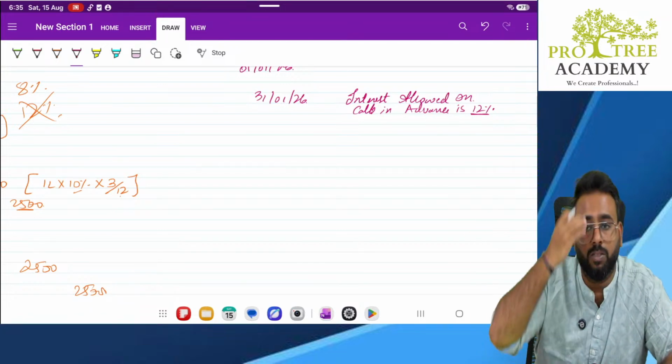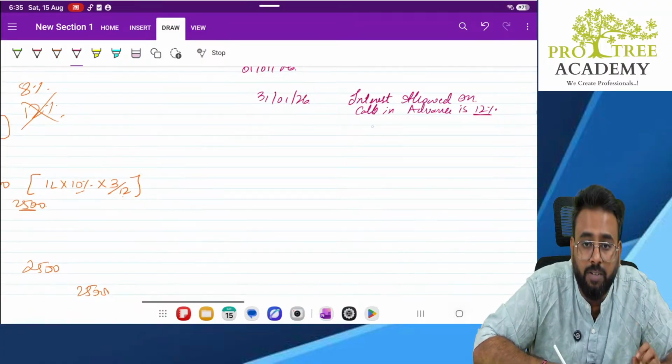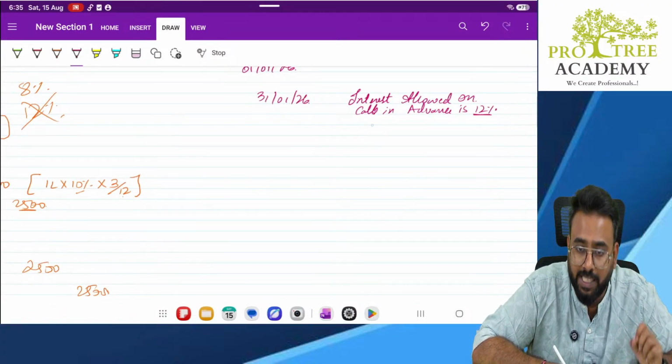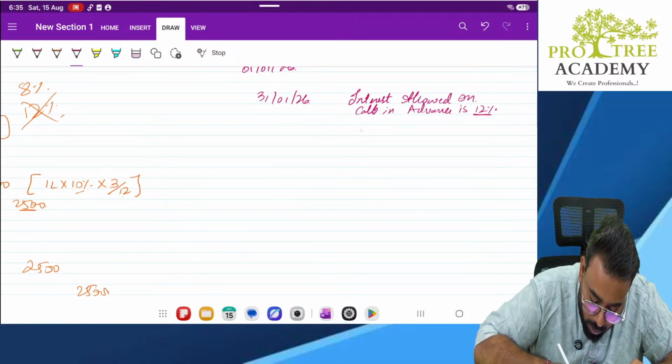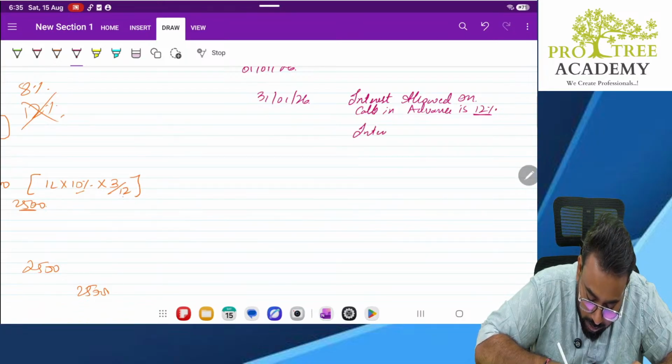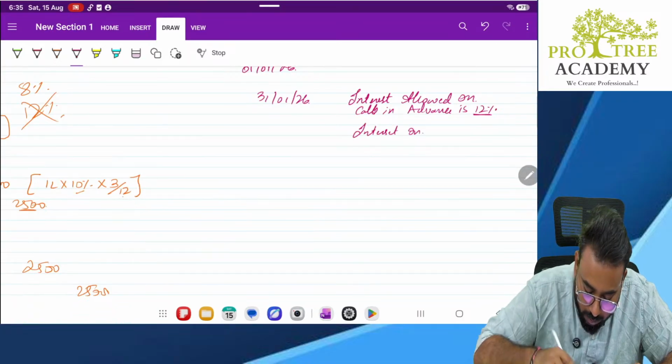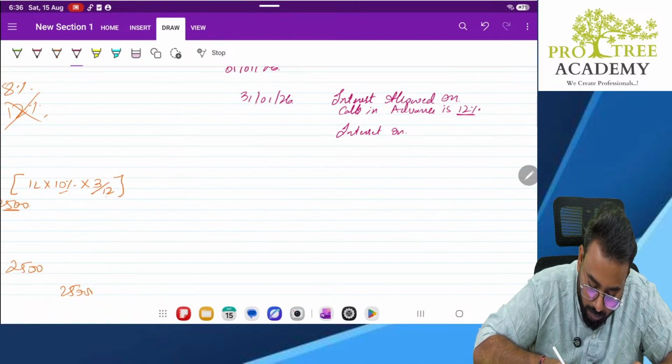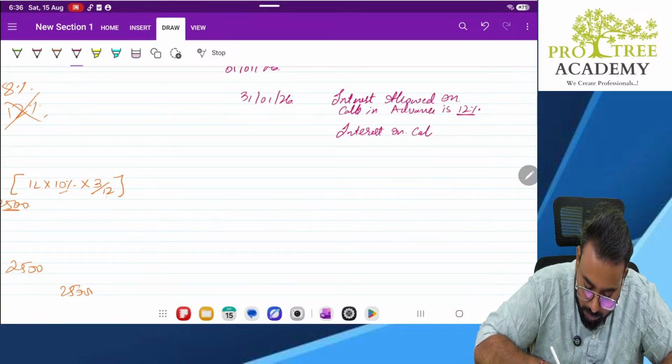Clear? So interest, when we pay to our members, is an expenditure to us. Correct? So when expense goes up, it will be debited. So interest is debited.